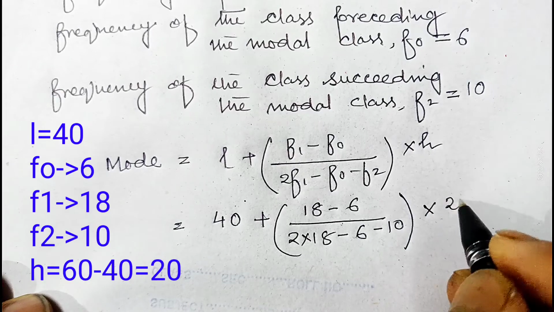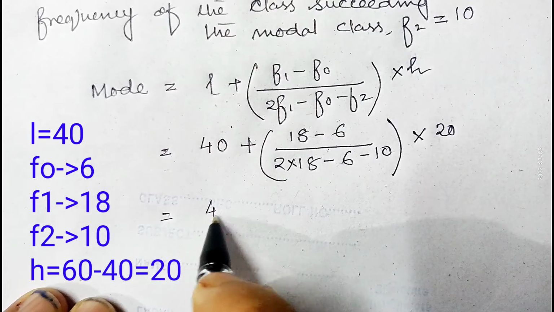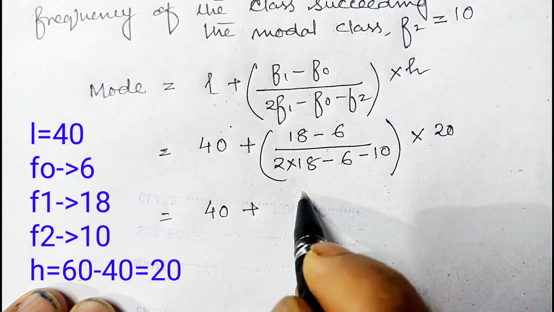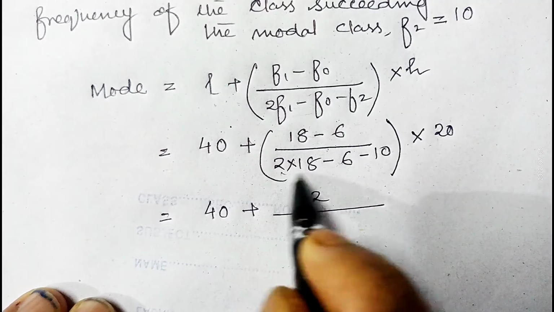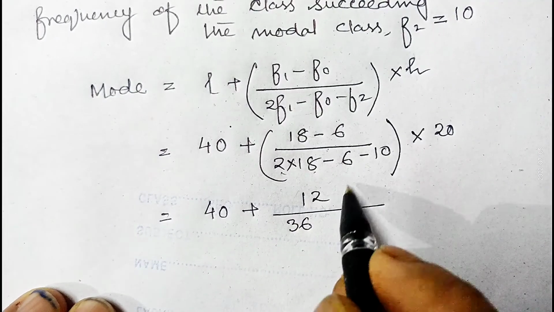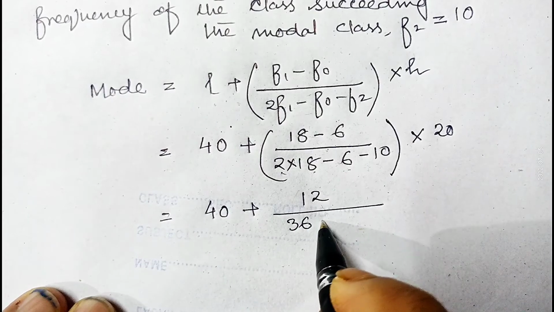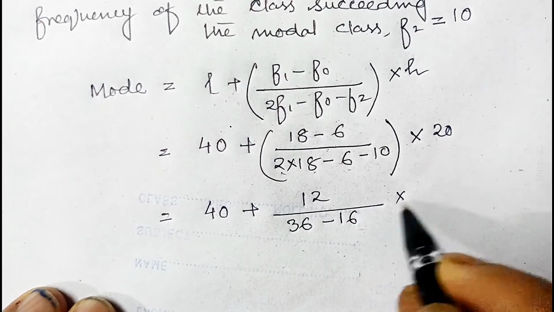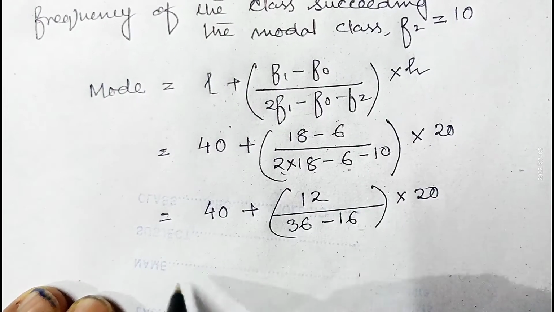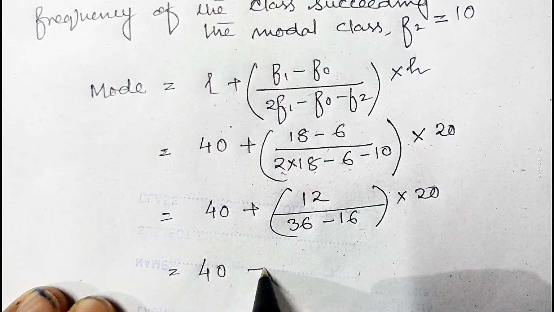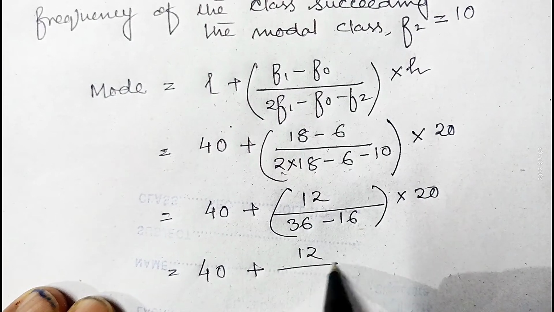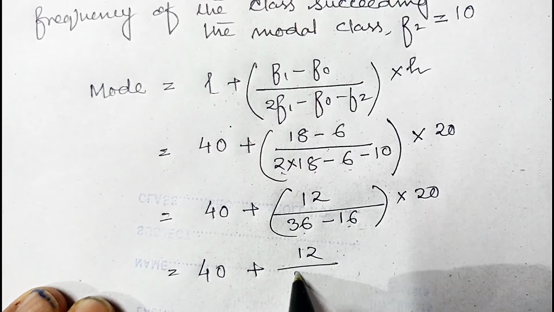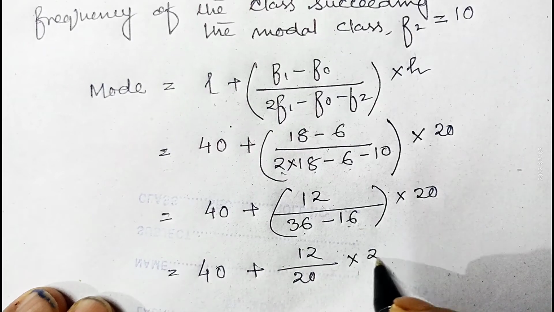Here H is 20. So it will be 40 plus 18 minus 6, which is 12, over 2 times 18 is 36, and these two both are negative, so it will be 36 minus 16, multiplied by 20. So we can write 40 plus 12 over 20, into 20.